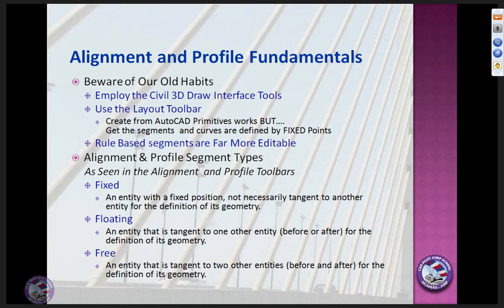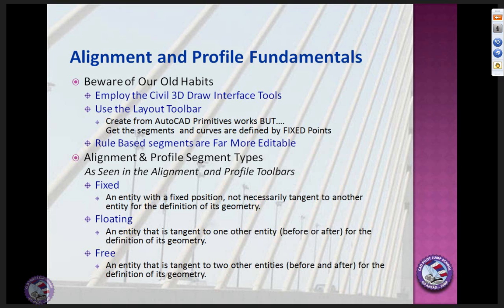I do want to point out that fundamentally understanding fixed, floating, and free objects for both alignment and profile segments is critical information. You want to look at this, you want to understand how they relate to one another and how those tools are expressed in both layout toolbars.